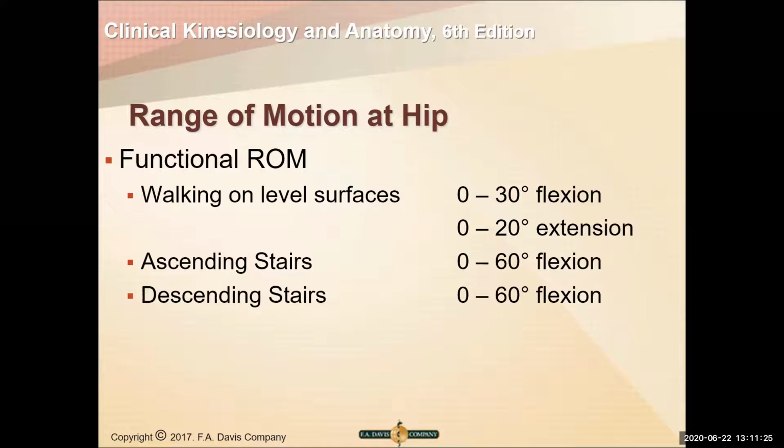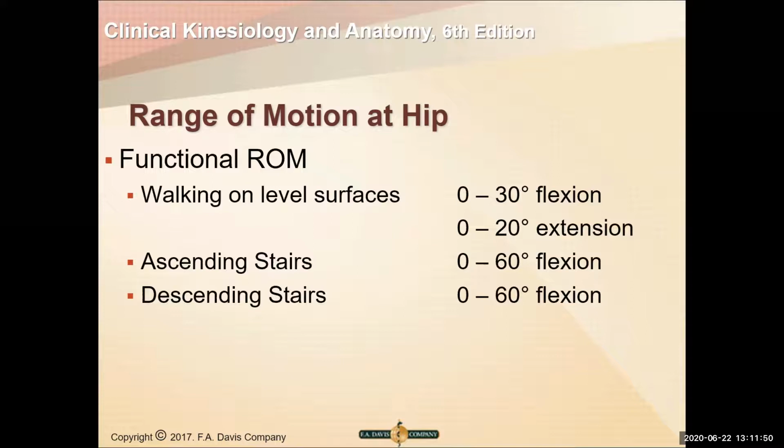For your boards, this gets a little difficult, remembering the difference between functional and normal limits. When I'm studying for my boards, I pick numbers that are close to each other. So for functional range of motion, walking on level surfaces, I need 30 degrees of flexion, 30 degrees of extension.